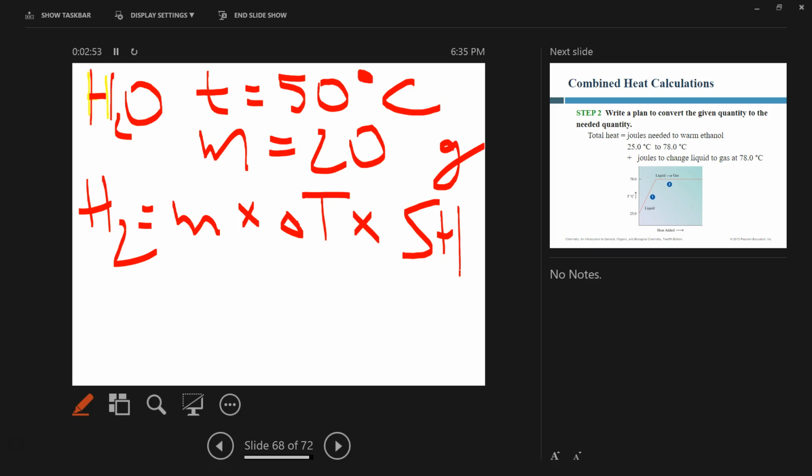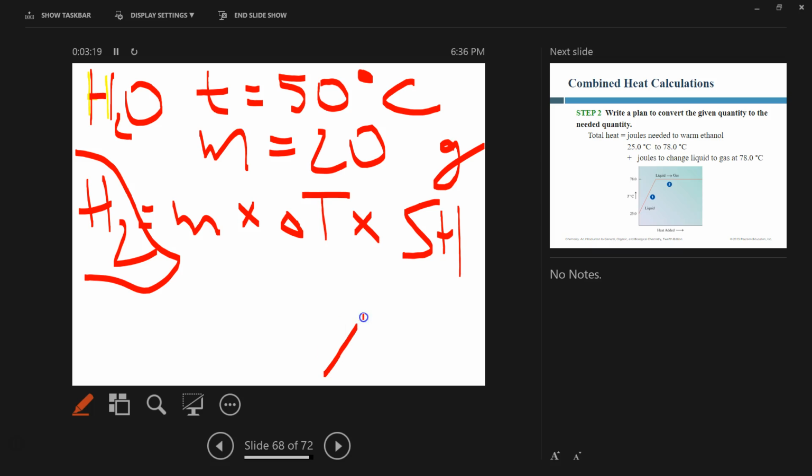So what does this heat tell us? It's the amount of heat that you need to do what? To get it to? No, to the boiling point. That's the amount of heat that you need to get the water to the boiling point. Does that make sense to you? You sure?